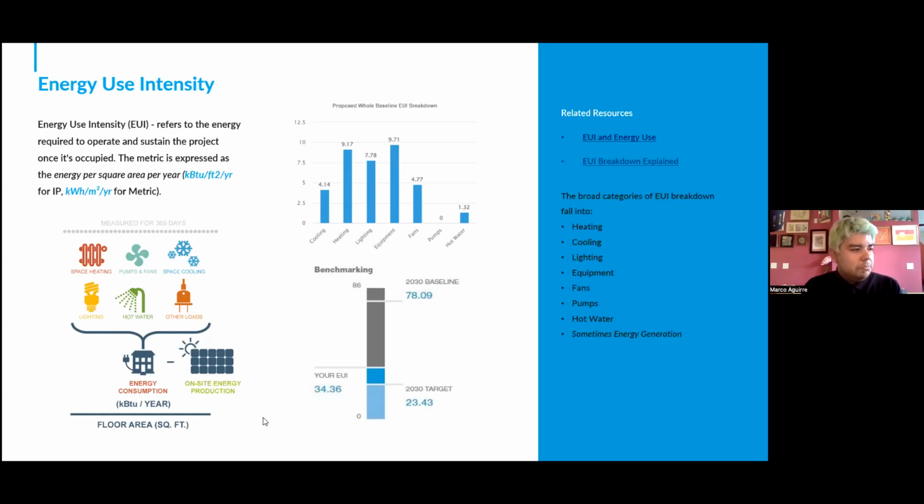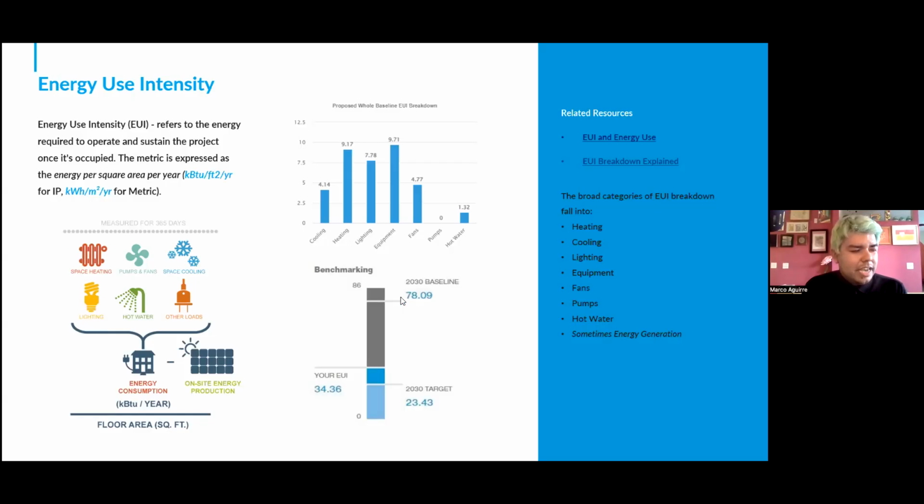One of the great things about calculating EUI is it really lets you know exactly what parts of the building you need to improve. So I have 2 graphics here. We have a breakdown of your EUI and a benchmark of your EUI. First, the benchmark gives you a spectrum of where your building performance currently is, where it should be, and where everyone else is. So we have something called the CBECS, the Commercial Buildings Energy Consumption Survey.